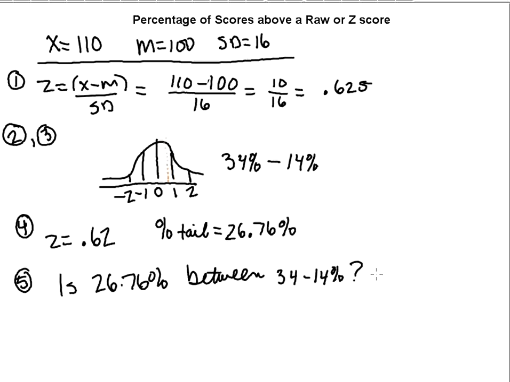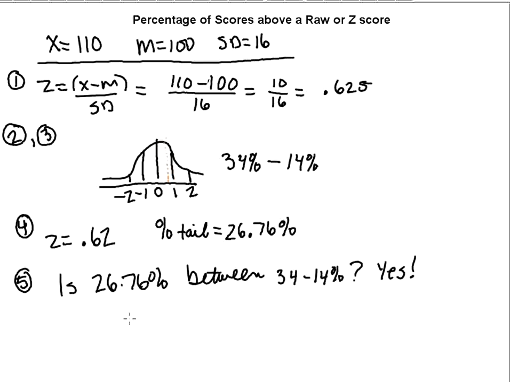And if it is, which it is in our case, then we can rest assured that we got the right answer or very close to it. That is how you find the percentage of scores above a raw or a z-score.